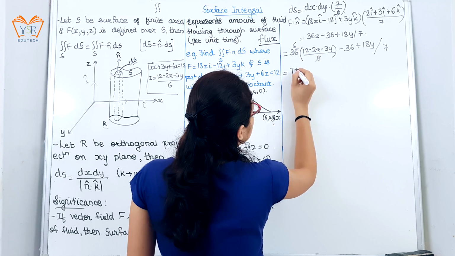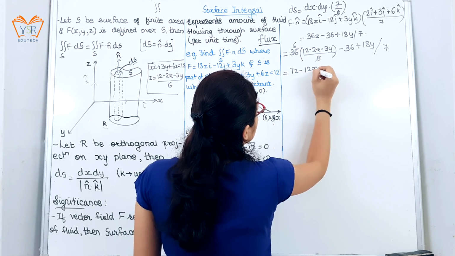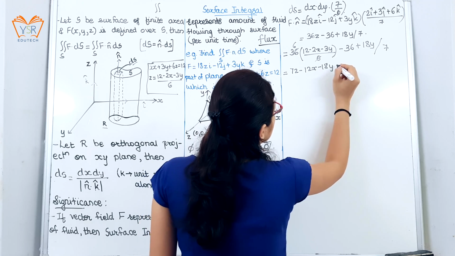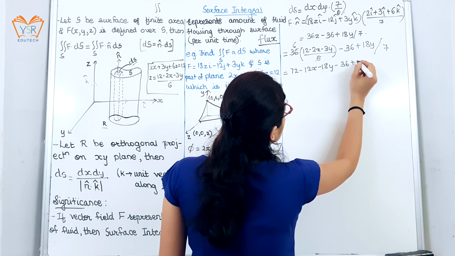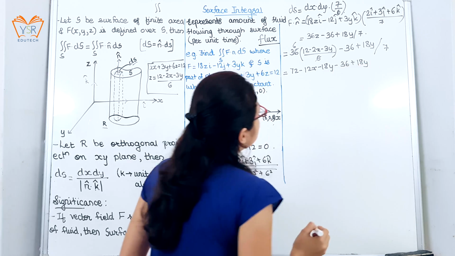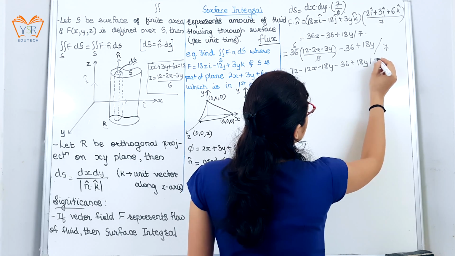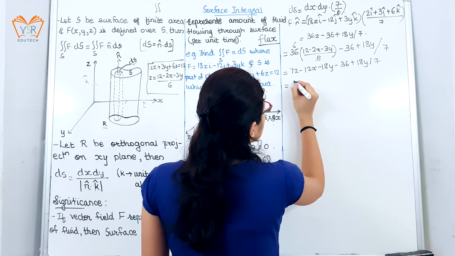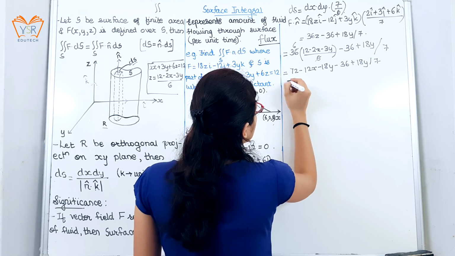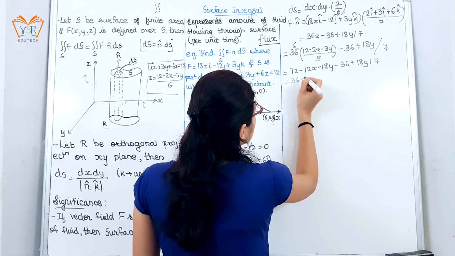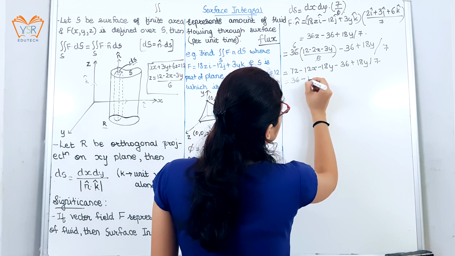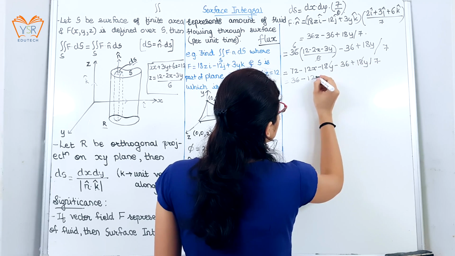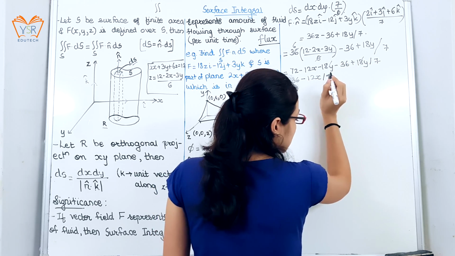That gives 72 minus 12x minus 18y minus 36 plus 18y divided by 7. So we get 36 minus 12x divided by 7, the 18y will get cancelled.